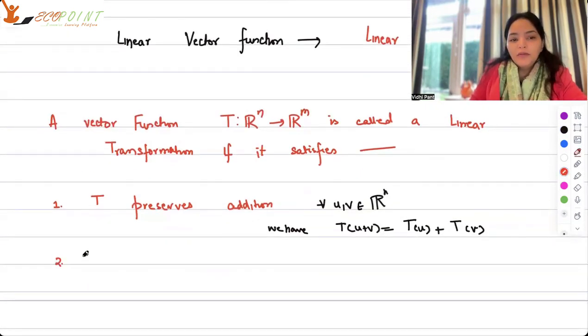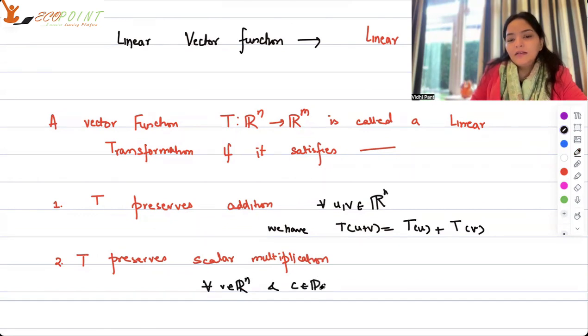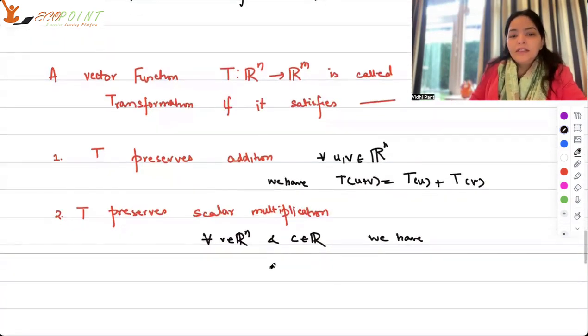And number two, T preserves scalar multiplication. This means that for every v belonging to Rn and any scalar c, we have T(c times v) equal to c times T(v).